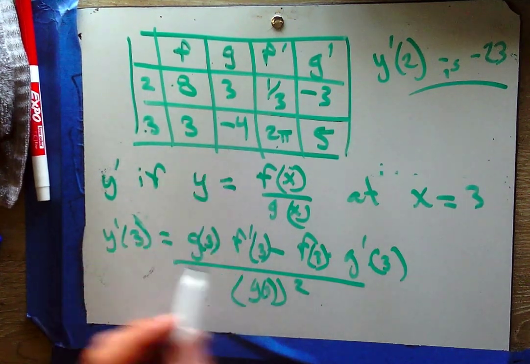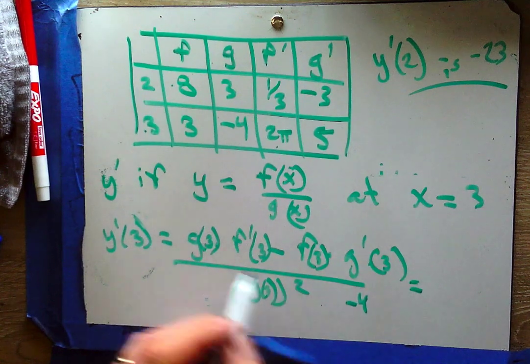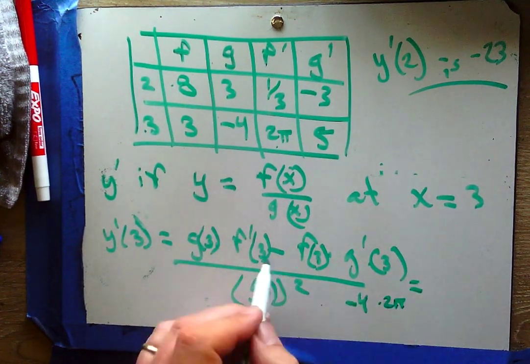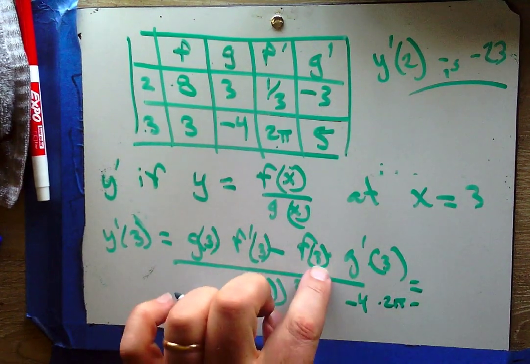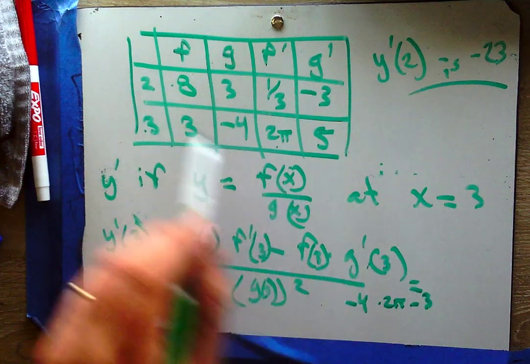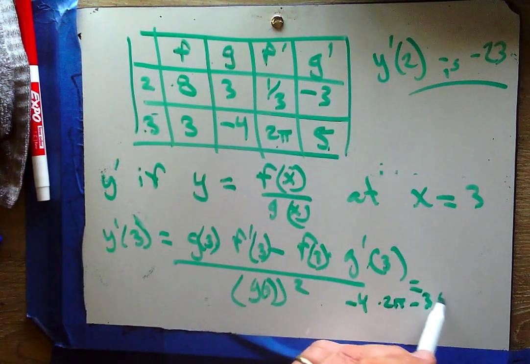G of 3 is -4. F prime of 3 is 2 pi. This minus sign. F of 3 is 3. And g prime of 3 is 5.